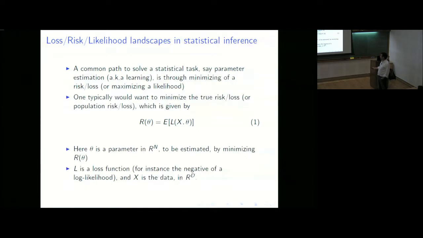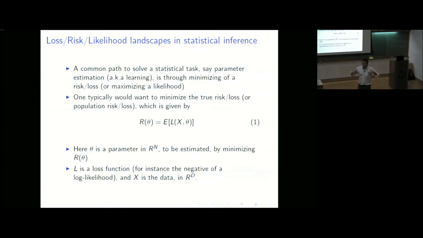Very soon this theta will be an x, and you want usually to estimate it by minimizing this function. L is a loss function. So typically, if you do maximum likelihood, this is a negative of a log likelihood. Or anything you've built because you know how to build it. Like in machine learning, you build the architecture of a neural net, and this defines the L, with whatever, an L2 risk. And x, of course, is the data, and I assume that each x is in R^D.